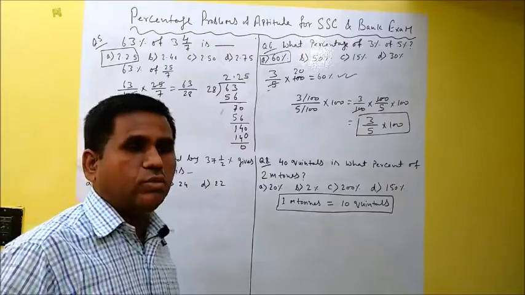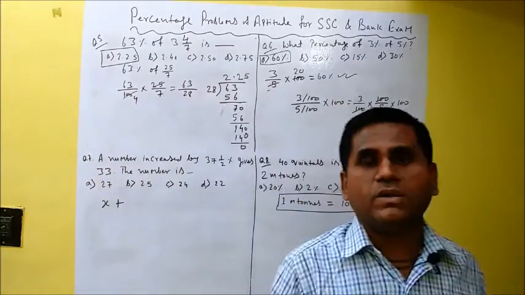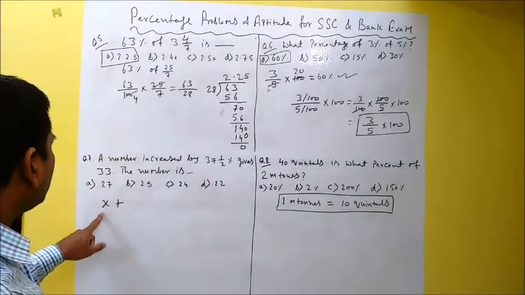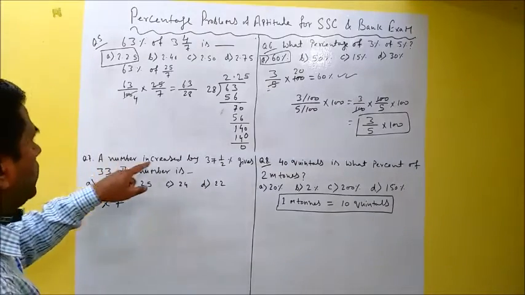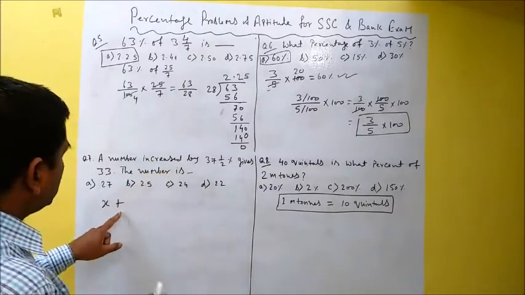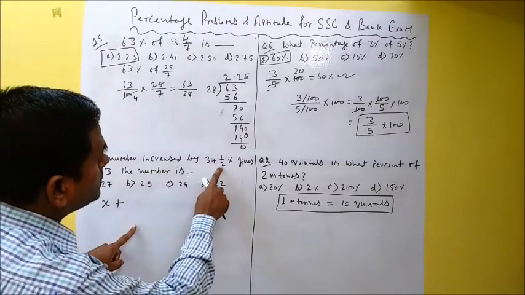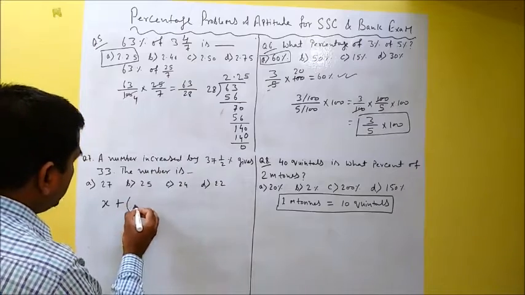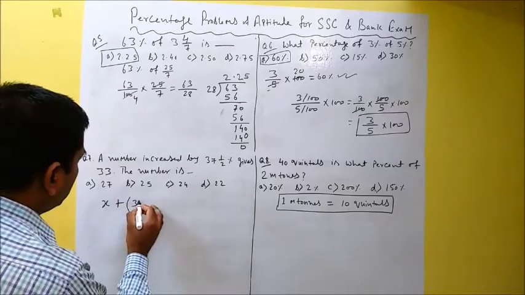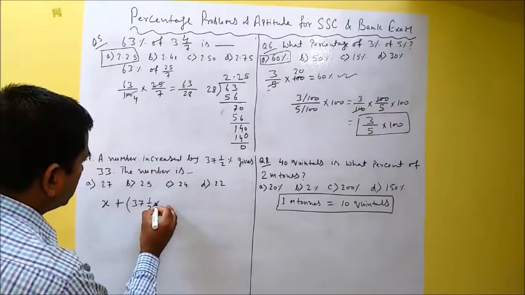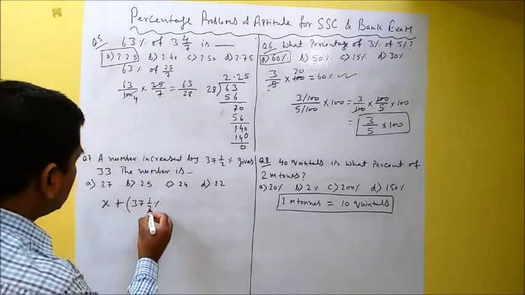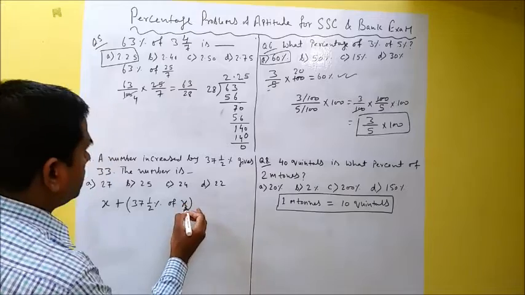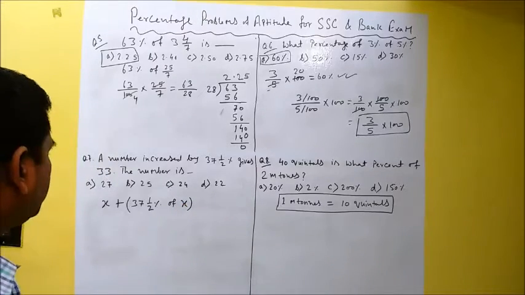Okay, if I want to increase 4 by 1, then 4 plus 1 I will do, right? So I want to increase x, so x plus will do. So x is increased by 37 1 by 2%. So 37 1 by 2% of what? Of x itself, isn't it?